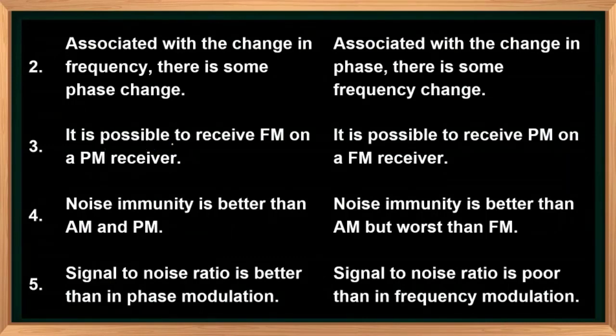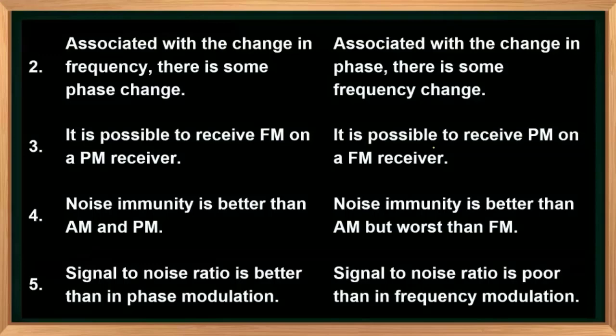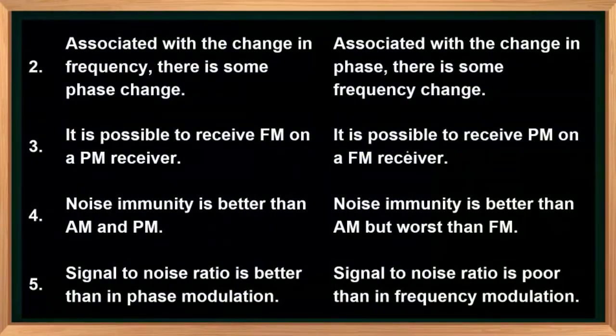If it is possible to receive an FM signal on a PM receiver, it is also possible to receive PM on an FM receiver. You can use a PM receiver to receive an FM signal, but the final form of the modulating signal will be different. Fourth property: noise immunity is better than AM and PM.